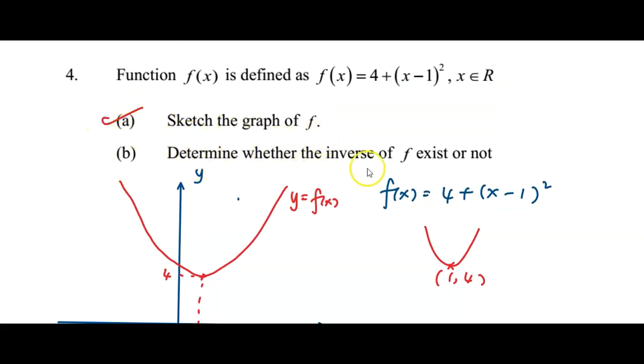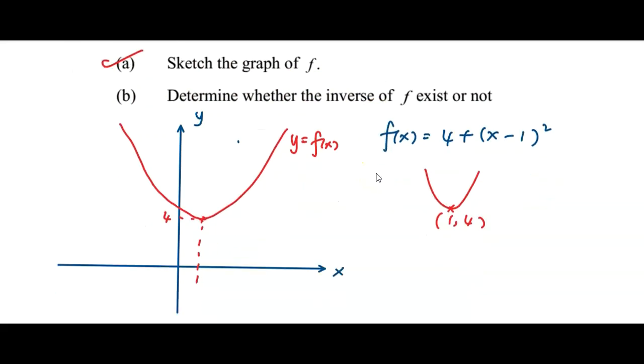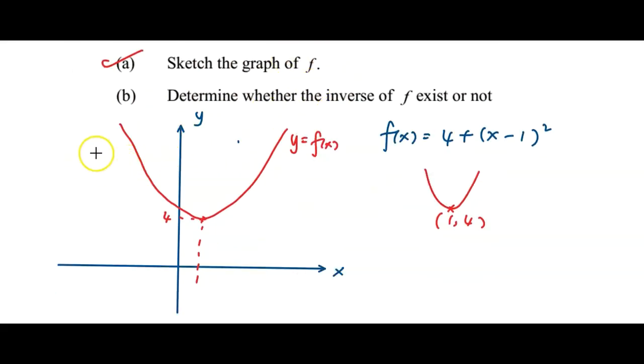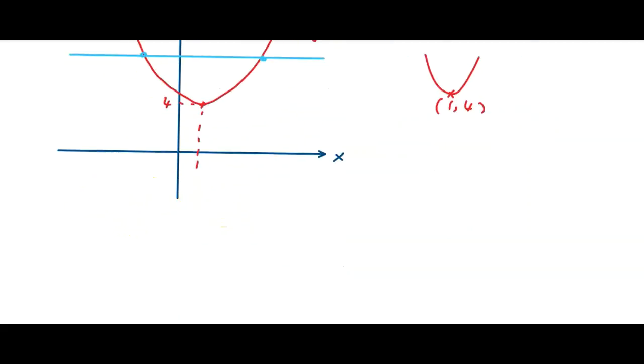Part B, determine whether the inverse of f exists or not. From the graph given by the question, we might know that this is not a one-to-one graph. We can check by using the horizontal line test. Just sketch a horizontal line, and you can see that your horizontal line passes through this curve at 2 points, meaning that you have to make your conclusion.